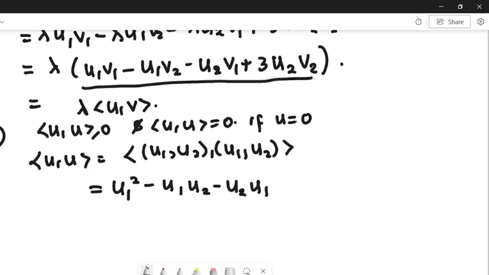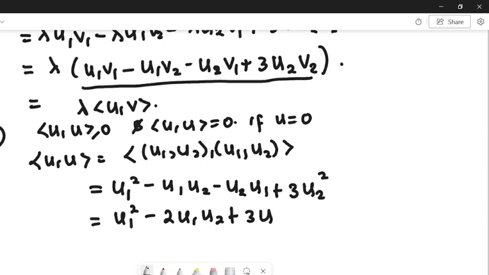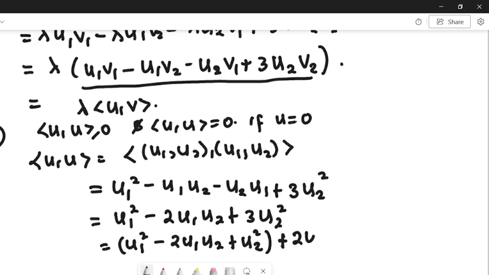These are the same thing, u1 u2, so this can be expanded. You will get u1 squared minus 2 u1 u2 plus u2 squared, and then plus 2 u2 squared.